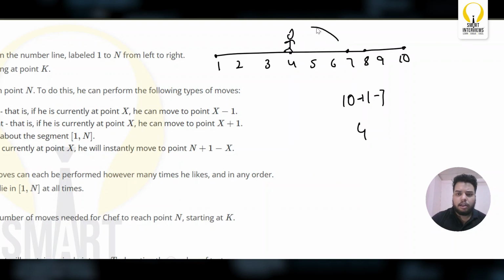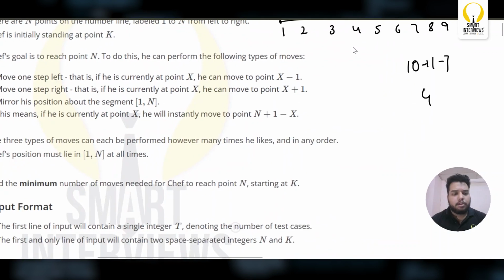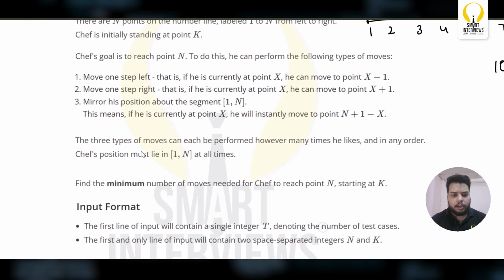But ideally it's not the correct move. Why? Because if I do this, Chef is going far from the destination. So performing it at this point doesn't make sense. Moreover, the moves can be made any number of times.